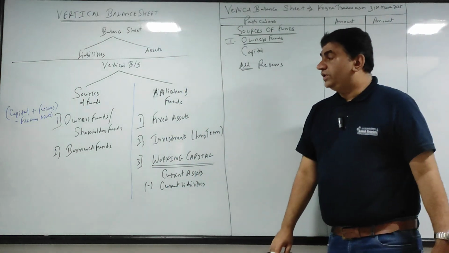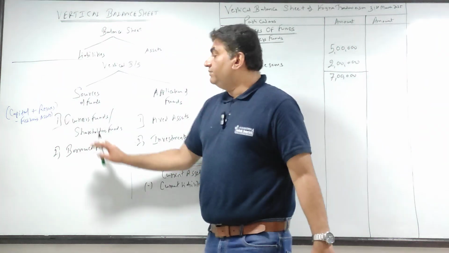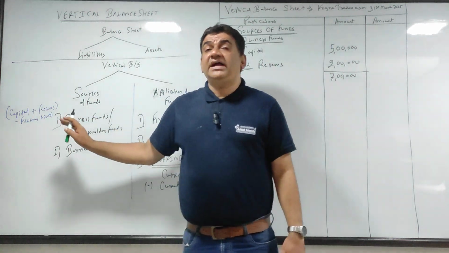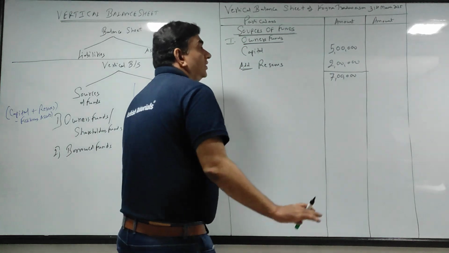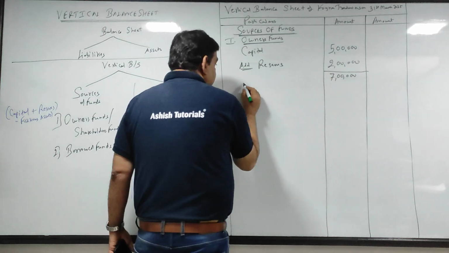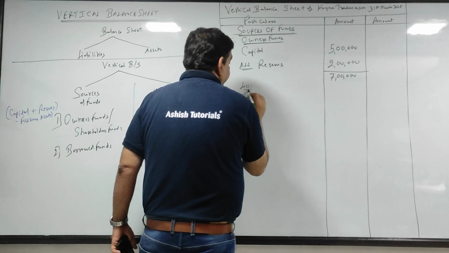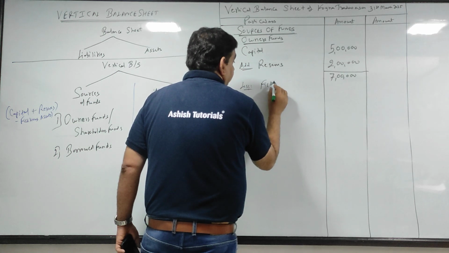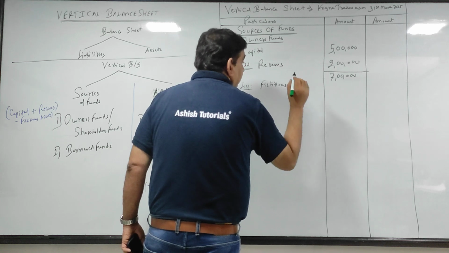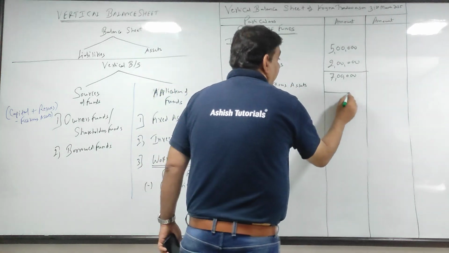Now what I told you, what is the breakup of owners funds? Capital plus reserves minus fictitious assets. So 5 lakh plus 2 lakhs, 7 lakhs. From this, I will deduct fictitious assets. I gave you the example of fictitious asset.